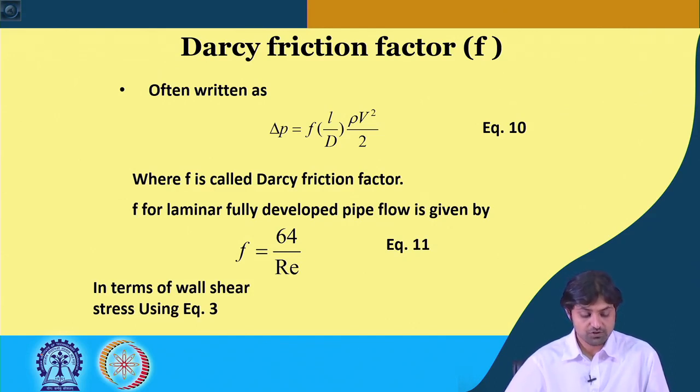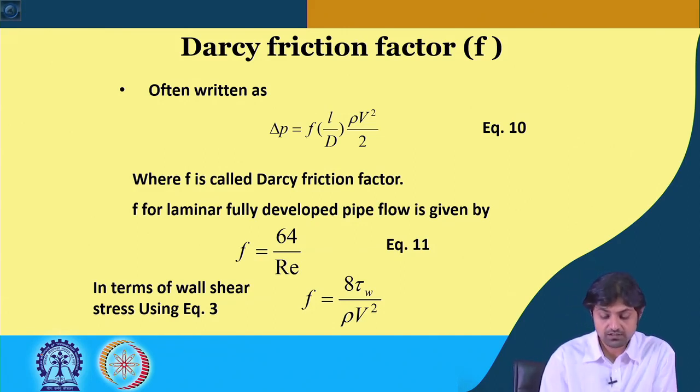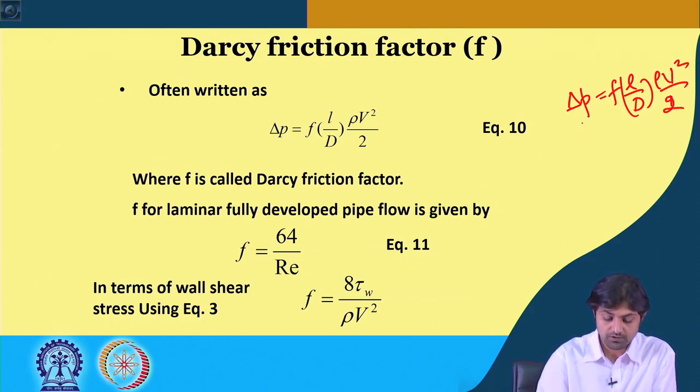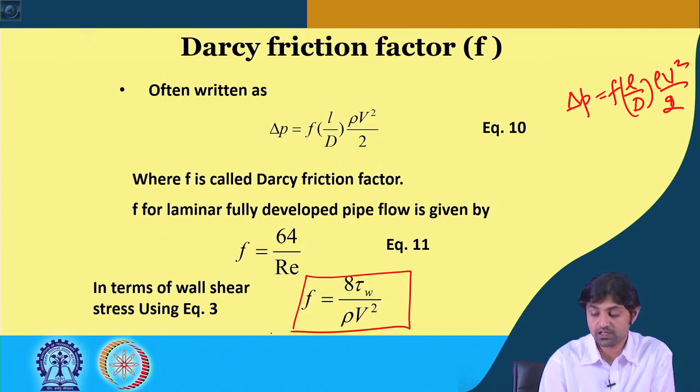So now in terms of wall shear stress, if we use equation number 3, F can be written as, so if we use this, F L by D into rho V square by 2, in terms of wall shear stress using equation 3, we will get F is equal to 8 tau W by rho V square.